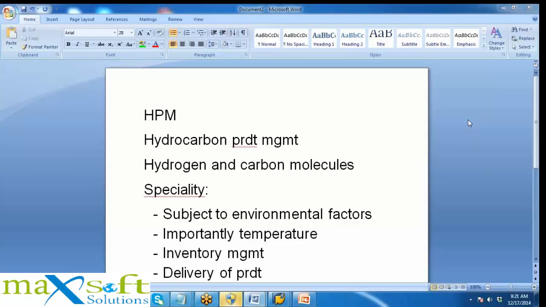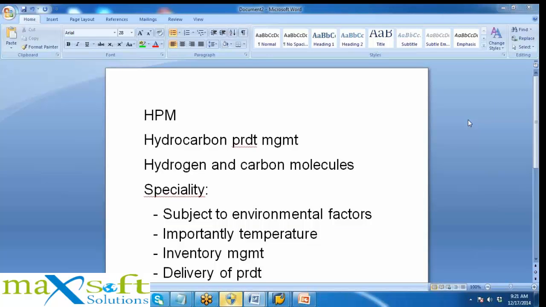But we as SAP consultants need not go into too much detail about that, because those things will be taken care of by lab technicians. But we should be aware that these factors are affecting our volume most importantly. And how to handle them in SAP is what we need to know. That is the objective of the HPM module.